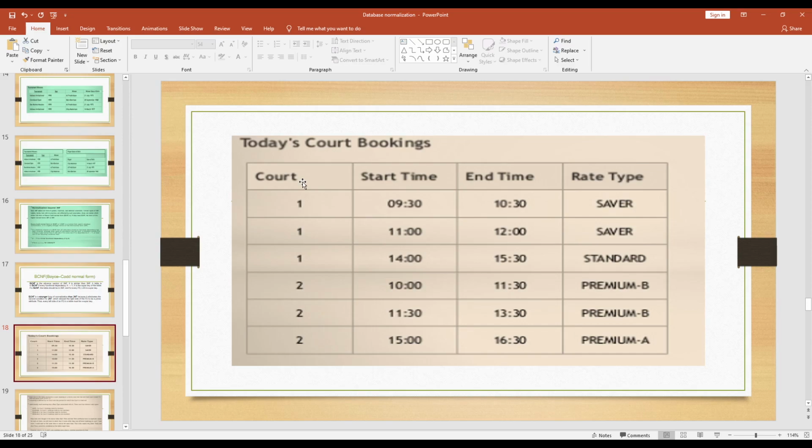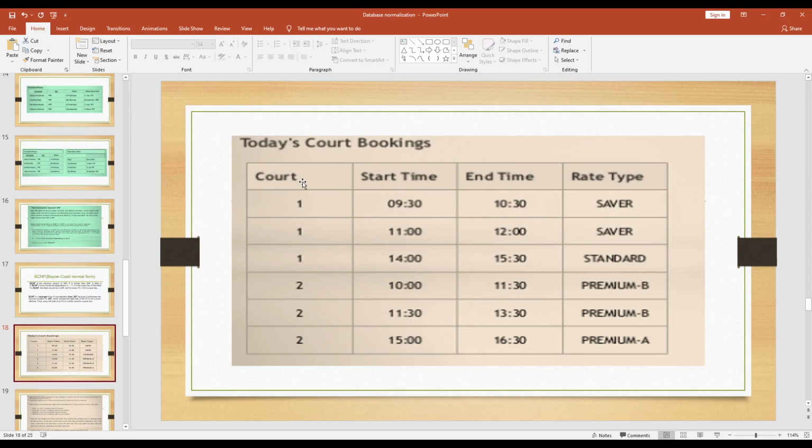Start time: the first row is 9:30, the second row is 11, the third row is 14, the fourth row is 10, the fifth row is 11:30, the sixth row is 15.